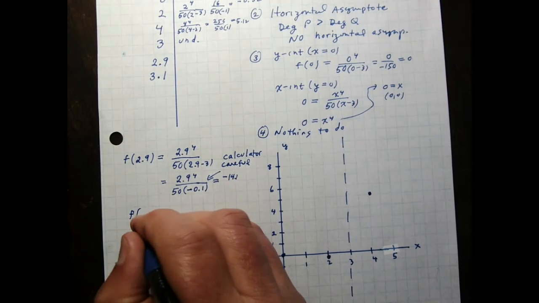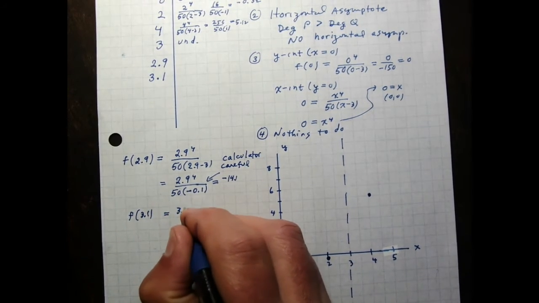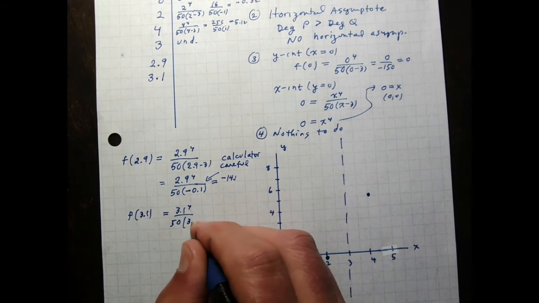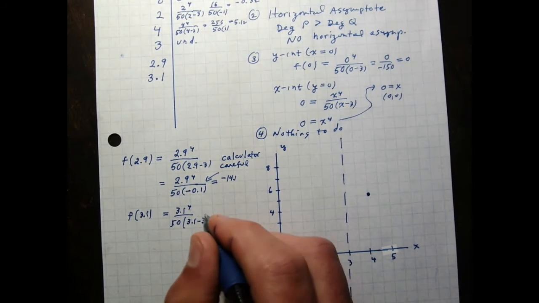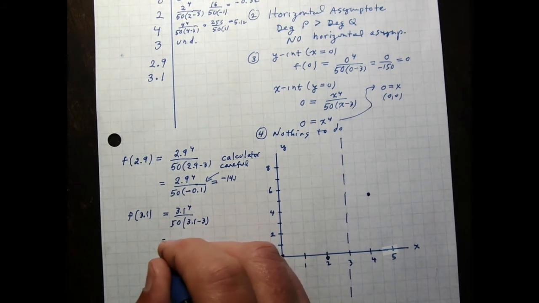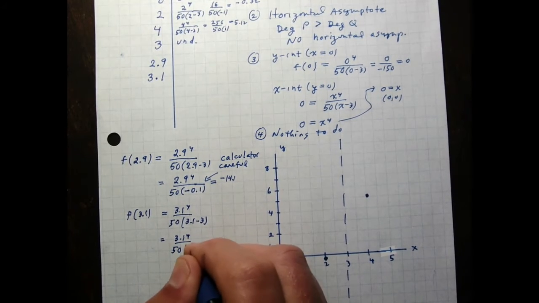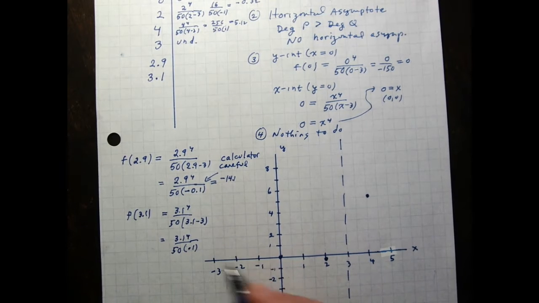F of 3.1 is 3.1 to the fourth over 50 times 3.1 minus 3. So that's going to be 3.1 to the fourth over 50 times 0.1. And I did that ahead of time.